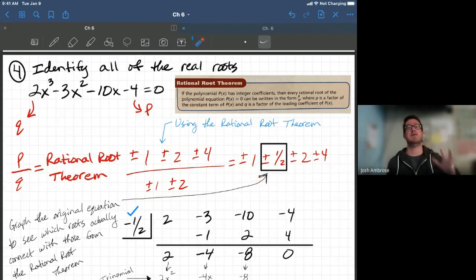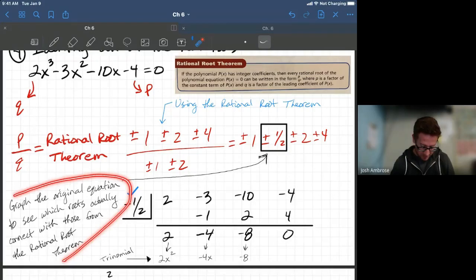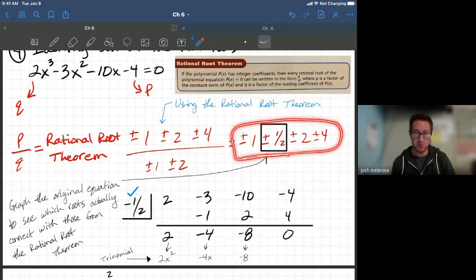Now that you have every possible root, because remember this is the root theorem, we move down to this note right here. Graph the original equation in the graphing calculator, and you want to see which roots actually connect with those from the rational root theorem.